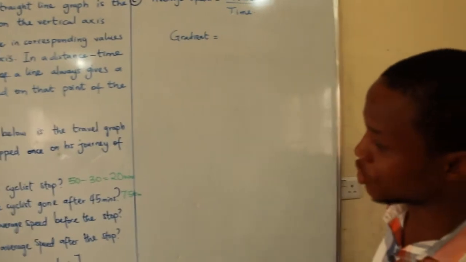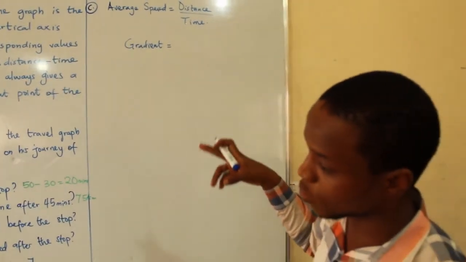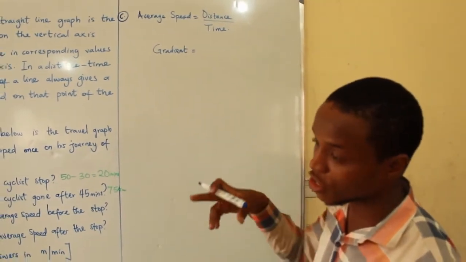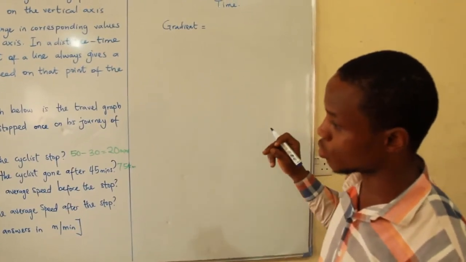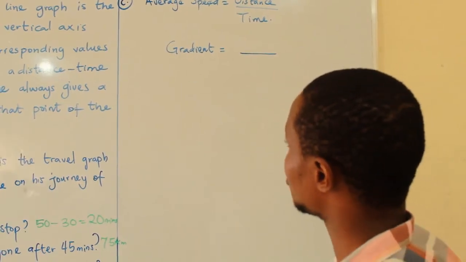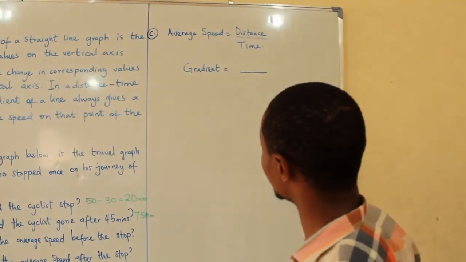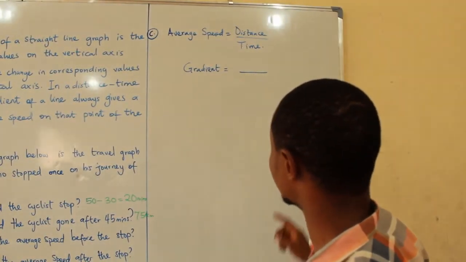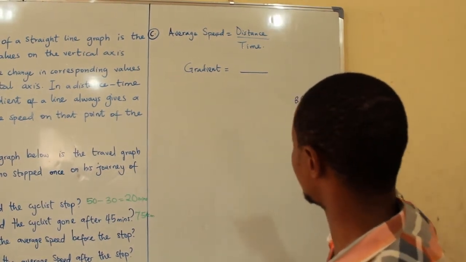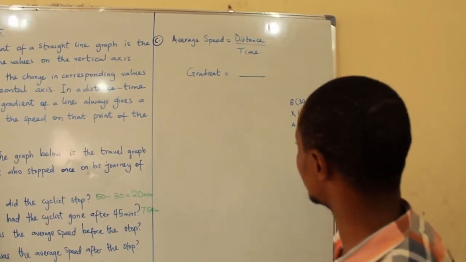Now, gradient is the change in values on the vertical axis divided by the corresponding change in values on the horizontal axis. Now, writing this point here, I want us to look at the values on the vertical axis.